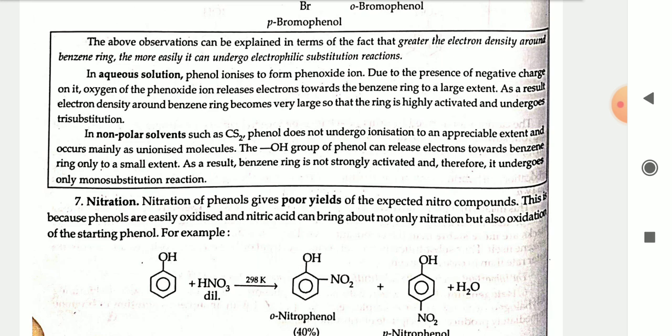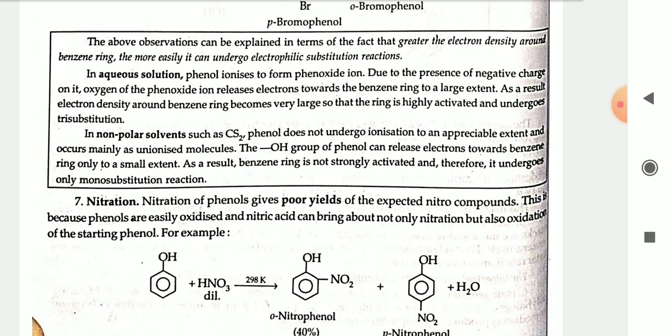In aqueous solution, phenol ionizes to form the phenoxide ion. Due to the presence of negative charge on it, the oxygen of the phenoxide ion releases electrons toward the benzene ring to a large extent. As a result, electron density around the benzene ring becomes very large, so that the ring is highly activated and undergoes tri-substitution.